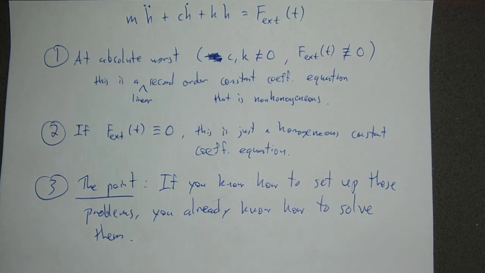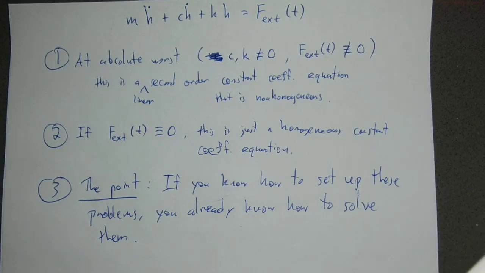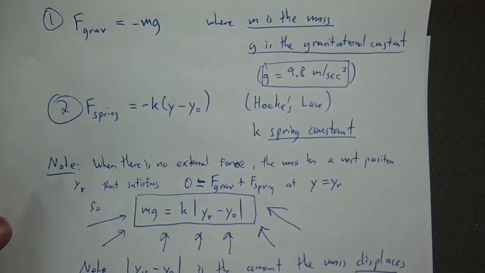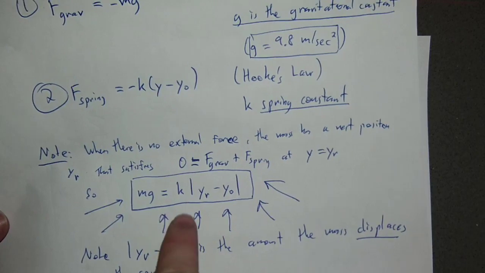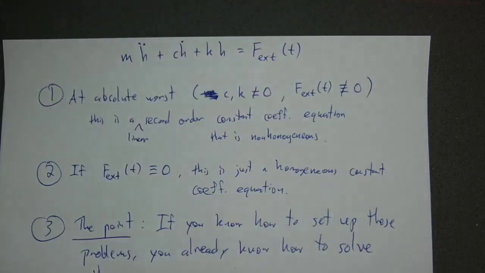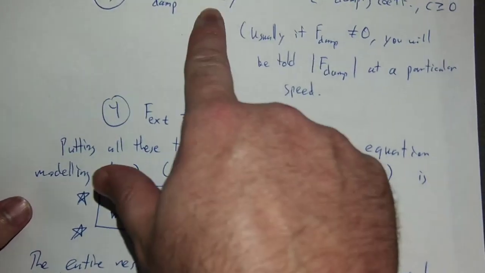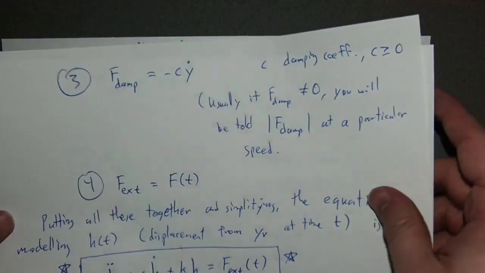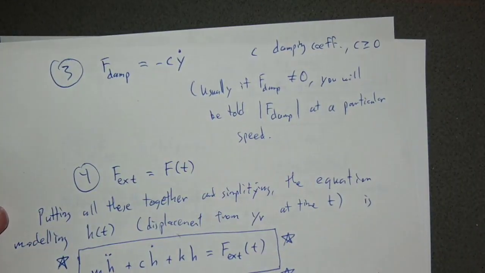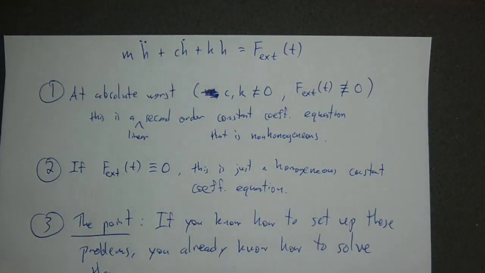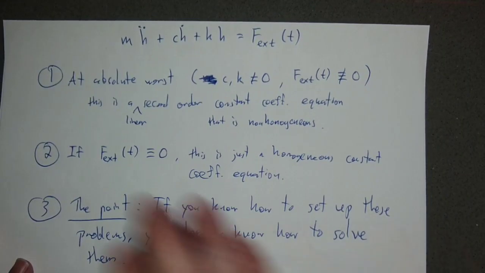If you're asking, how do I actually set these up in the first place? Setting them up is going to rely on using this relationship to find k, and typically using this relationship to find c. And once you've done that, you've basically set up the problem.